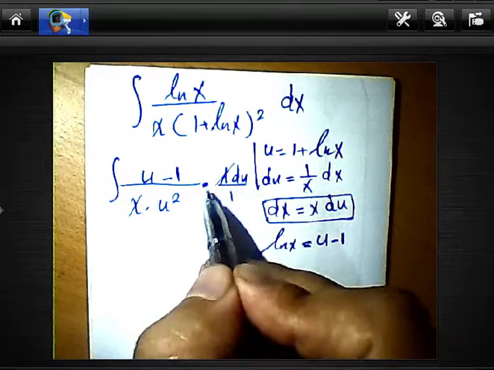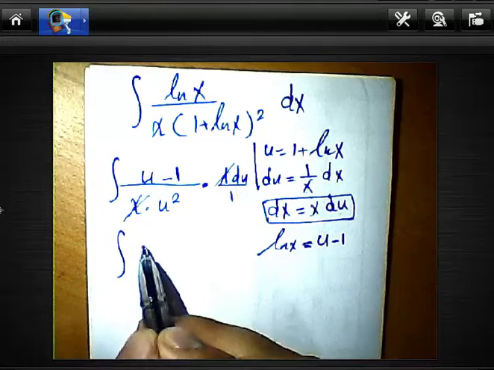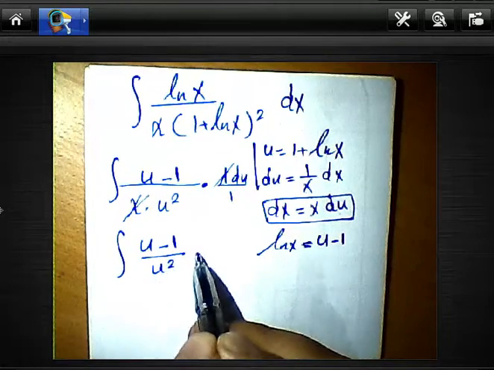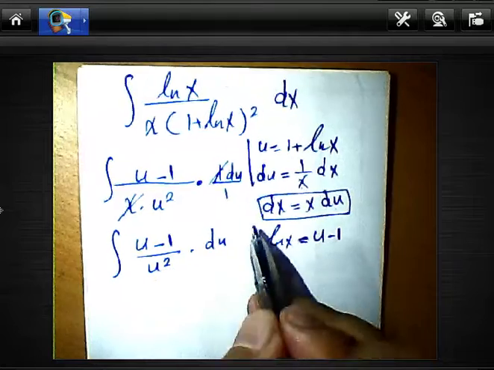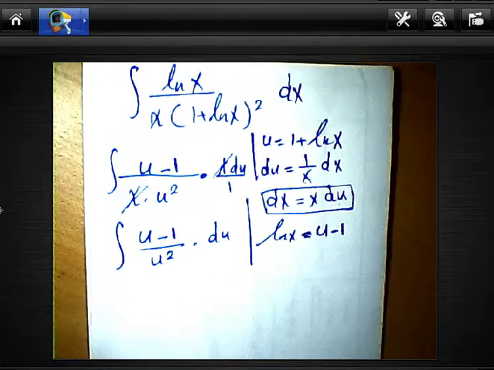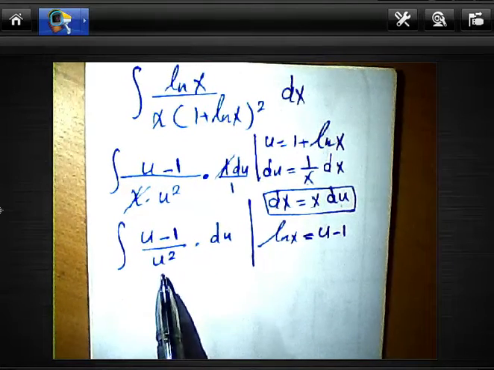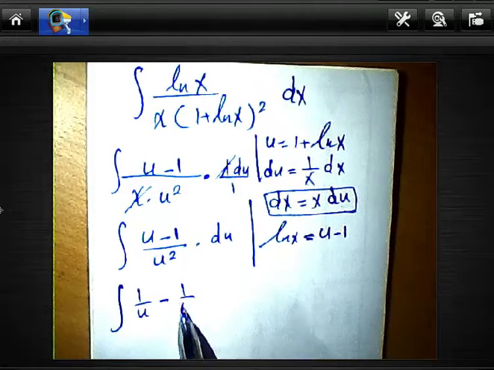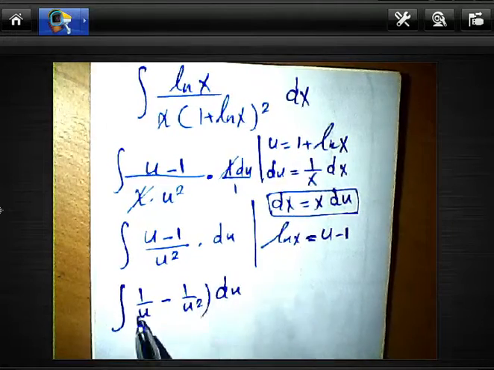We can cancel x with x, and we can write (u minus 1) over u^2 du. And we can simplify this expression: u divided by u^2 equal 1 over u, minus 1 over u^2 du.